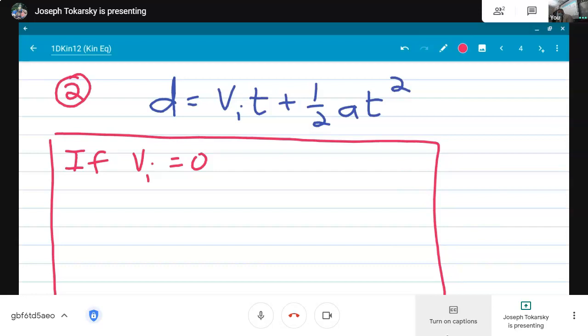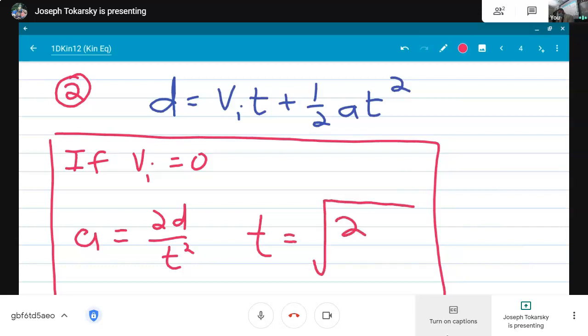If Vi is 0 and we solve for A, A equals 2d over t squared. A lot of times when we use this one, Vi might be 0. That's why I'm doing it. I'm going to make it as simple as possible. If I solve it for t and Vi is 0, t ends up equaling the square root of 2d divided by A.